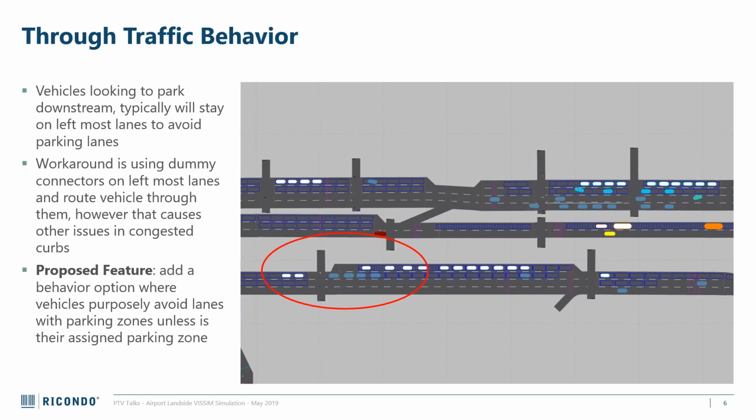So what we're proposing is to add some sort of behavior option where vehicles will avoid lanes that have parking zones in them. They will see a parking zone downstream, and if there is a lane that doesn't have a parking zone, they would prefer that lane and stay on it until the last minute, when they need to actually get into their assigned parking spot.